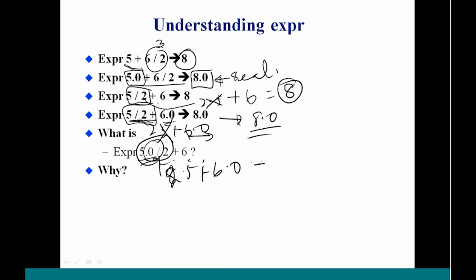Now plus 6 will give you 8.5. So look at these two expressions, they are nearly identical, but they have two different answers. This is another caveat that you have to always adhere to when writing Tcl programs. The data type actually changes as it goes. So if you have variable substitution all over, and at some point it turns into a floating point, you get a different answer than if it was just an integer. Okay.